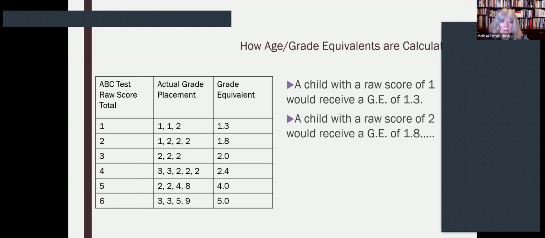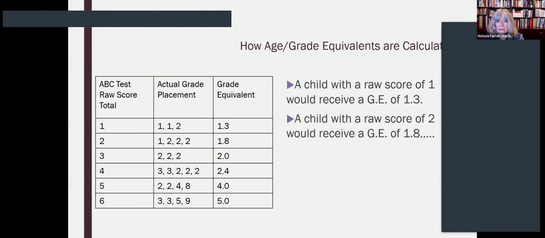So now let me give you some more language for this. And we can come back to this table if you want to look at it again. Okay. What we're getting with that grade equivalent is just the average grade placement of kids who performed in the same way.